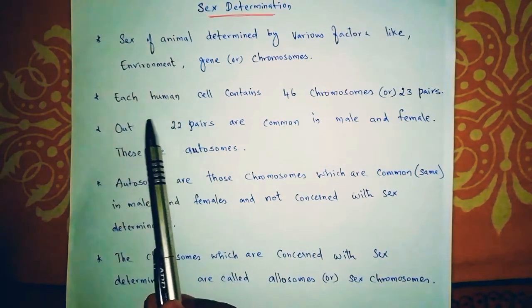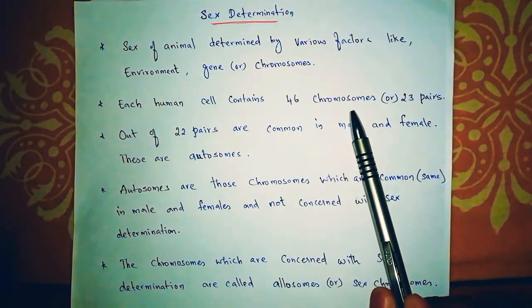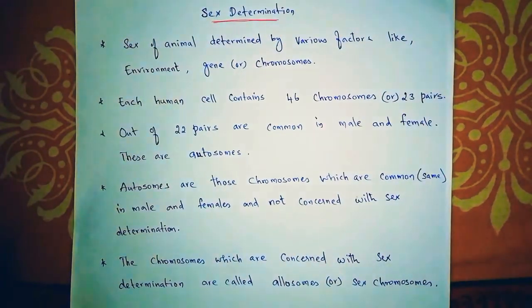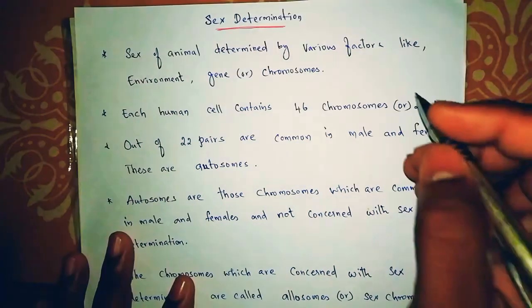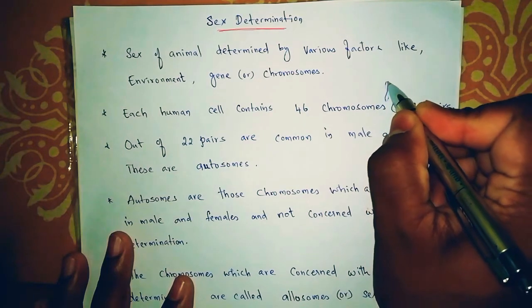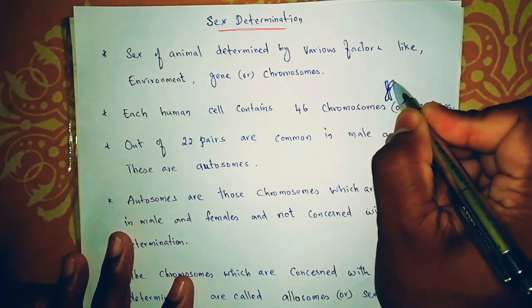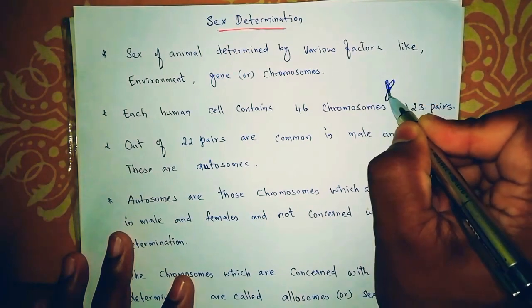In each human cell, we contain 46 chromosomes. That means we have 23 pairs of chromosomes. So chromosomes will be like this: this is one and this is the other one. This is a pair, 1 and 2.